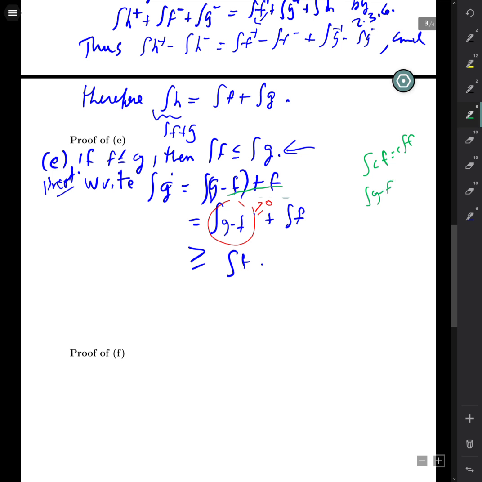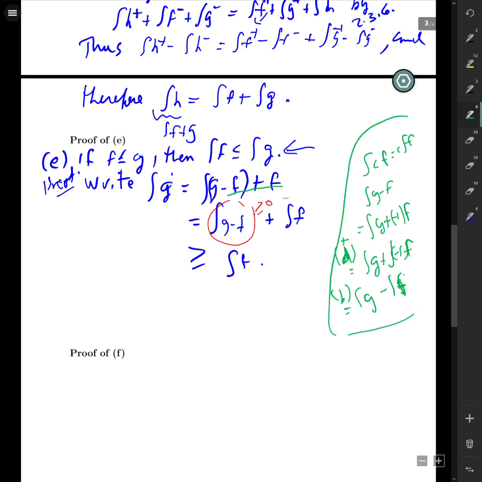g minus f is indeed integrable, and that's g plus minus 1 times f. So that's the integral of g plus the integral of minus 1 times f, which is by D with the plus, and now taking the minus out by B. So this part uses D with plus, and this part uses B, and so that gives us D with minus.